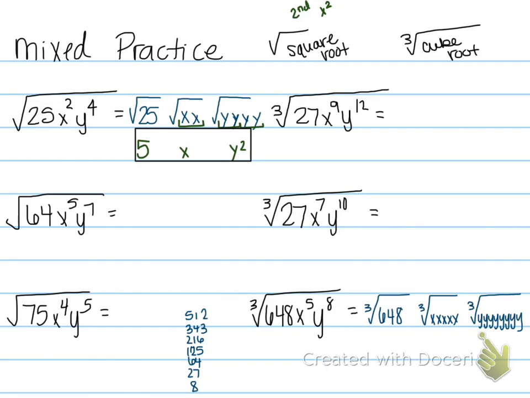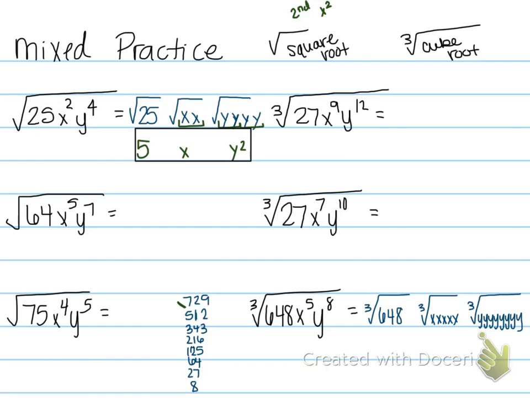You need to build your list so that it goes higher than 648. So now I can stop my list because 648 fits in between.